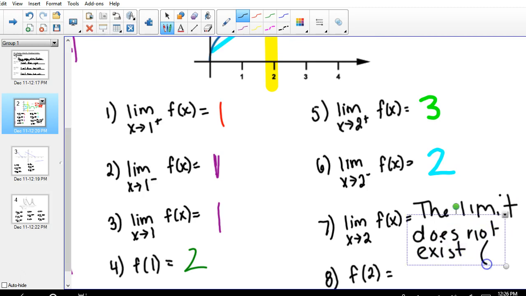Most students want to shorten this to DNE, and that is fine with me, if you want to put DNE for does not exist. If the limit from the left and the limit from the right are not the same, your limit is going to be does not exist.